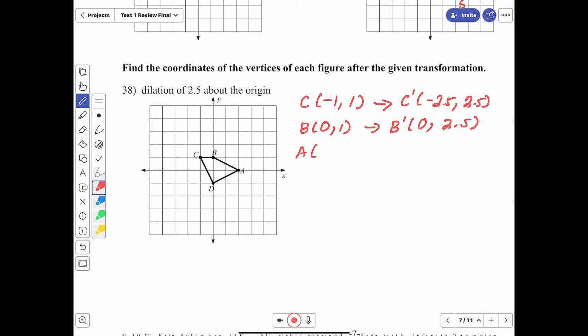A is 2 comma 0. So A prime, how am I getting the ordered pairs? It's going to be 2.5 times 2, which is 5, and then 2.5 times 0 is 0. And then D is 0, negative 1. So D prime is going to be 0 comma negative 2.5.